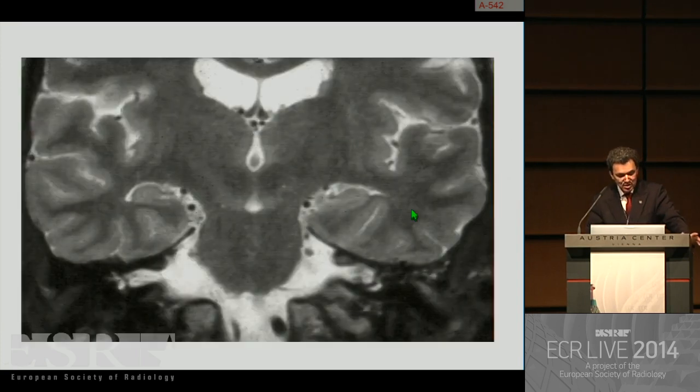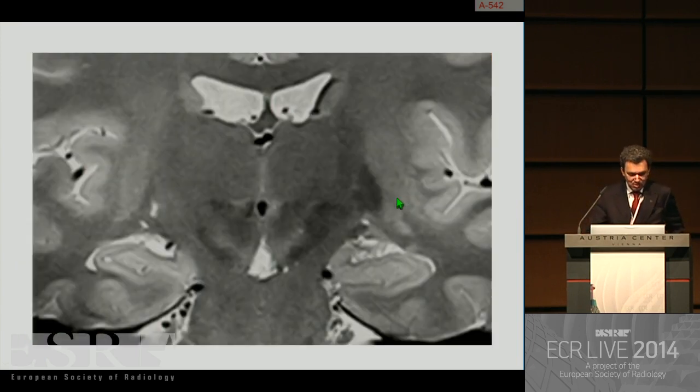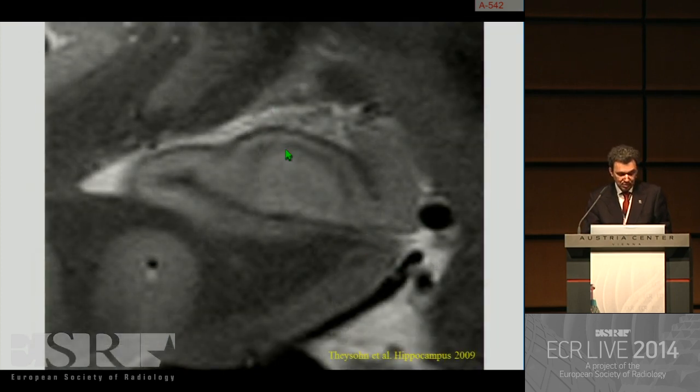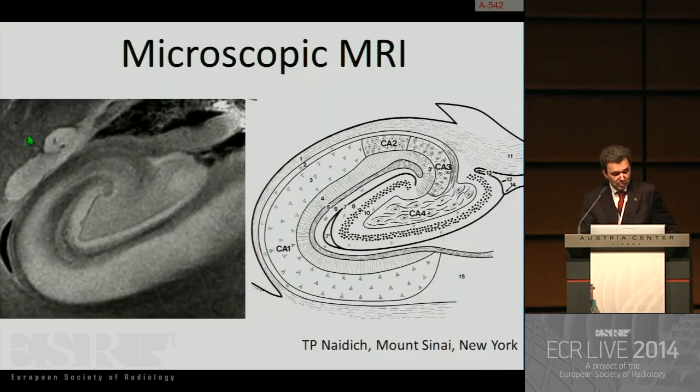You can't see that so well on a bad 1.5 image. On a 4.7, you can see the substructure much better. At 7T, you can also see it, and you see it best with MR microscopy at 9.4 Tesla, where you can image for hours. You don't have any pulsation artifacts, movement artifacts, or anything else.